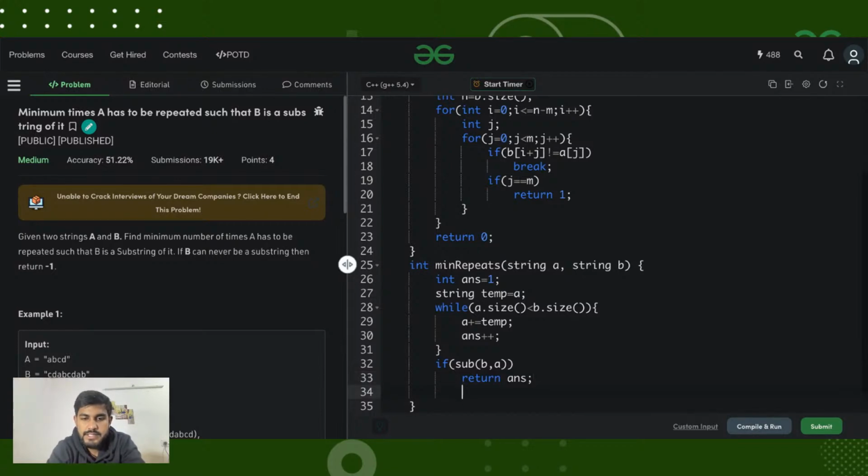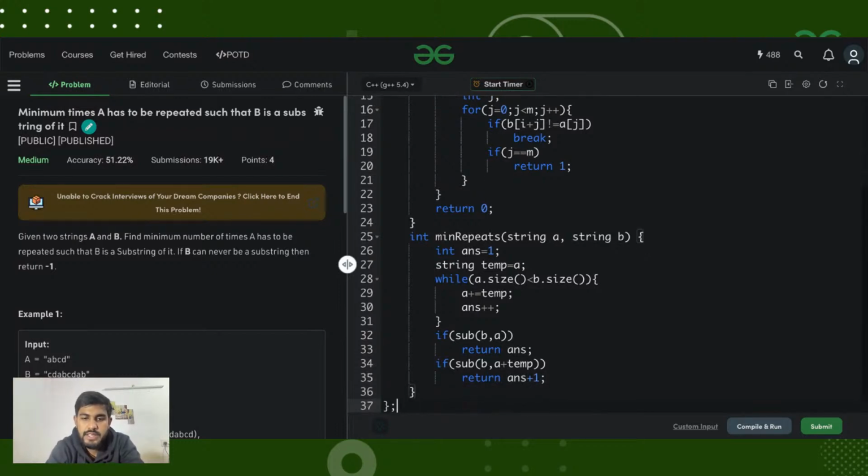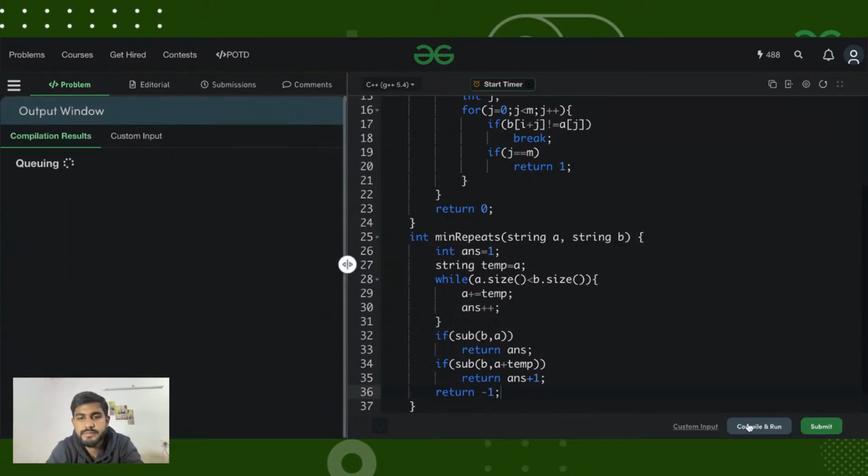Else if sub of b of a added to temp, add one more, and then at this point we return answer plus 1. Else, even after all this we are not able to confirm this, we would return answer minus 1.